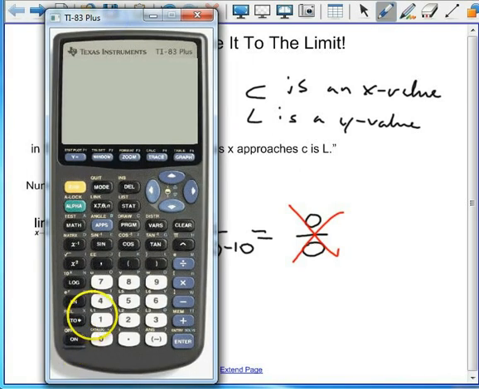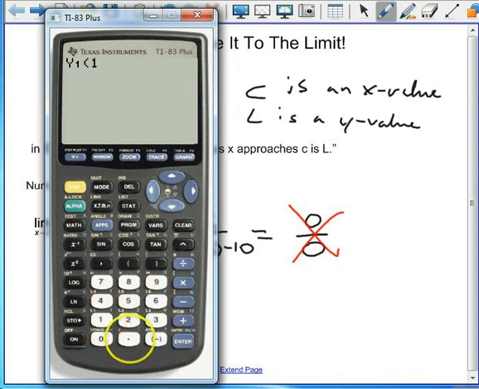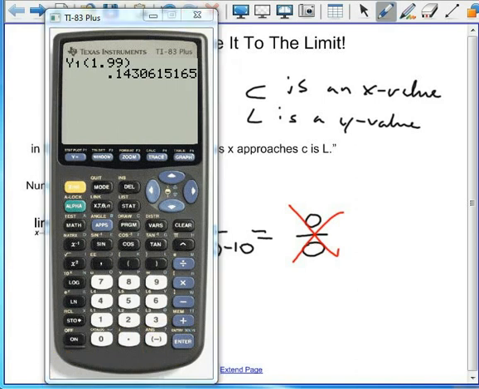I've already put the function into y1, so I'm going to go vars, y-vars, function, y1 of 1.99. And I get 0.14306. Let's grab that, put that into our notes.